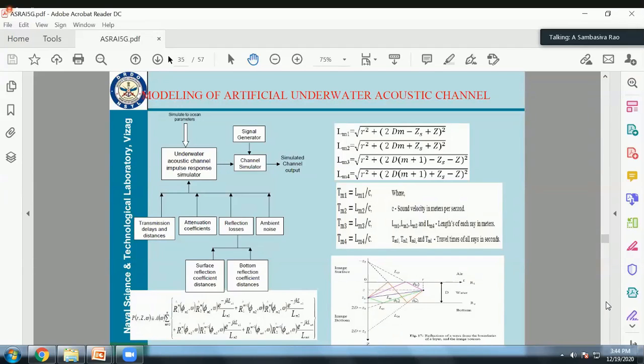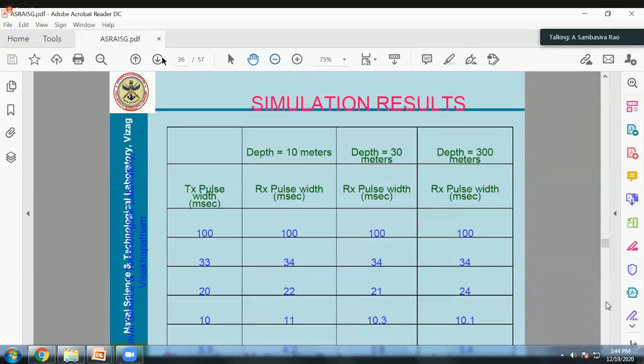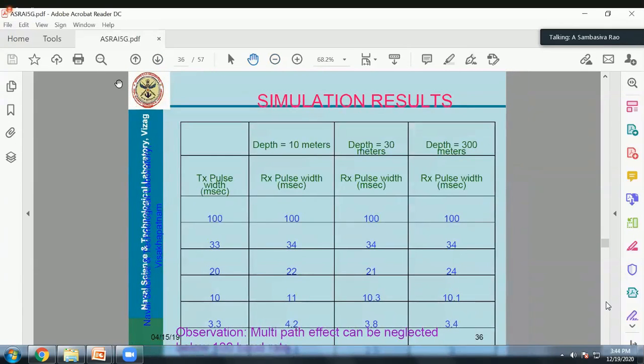Okay, next one. In the channel model I developed, the depth is 300 meters. I transmitted a 100 millisecond pulse width to the channel model, and I observed the received pulse output of the channel. So at 100 meters there is no effect.